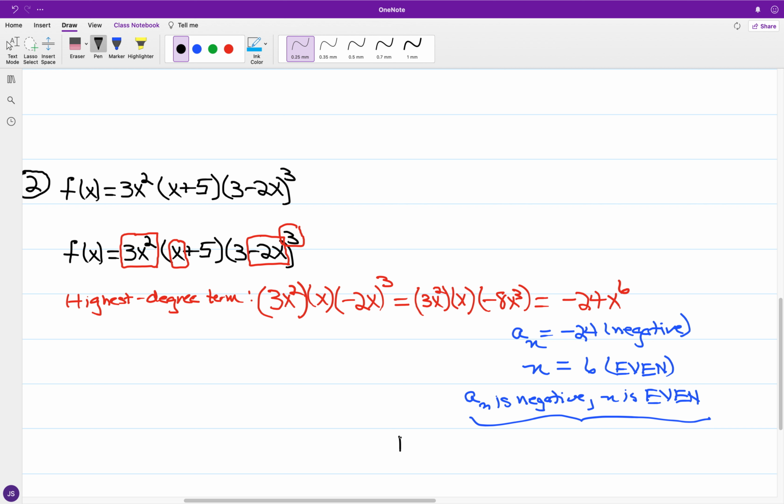And so for the end behavior, since we have an even powered function, it's either going to be moving up on both sides, or moving down at both ends. And with the sign of the leading term being negative, that means it's going to fall to the left and fall to the right, or down to the left, down to the right.